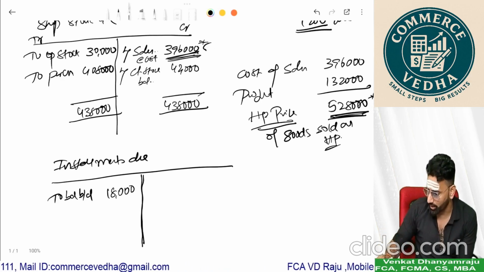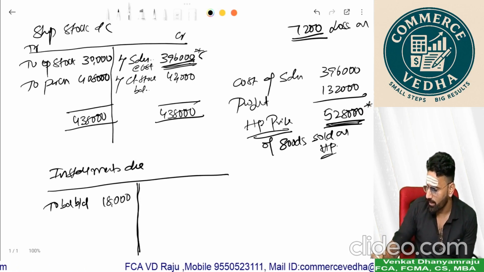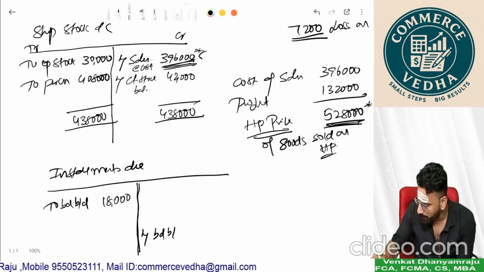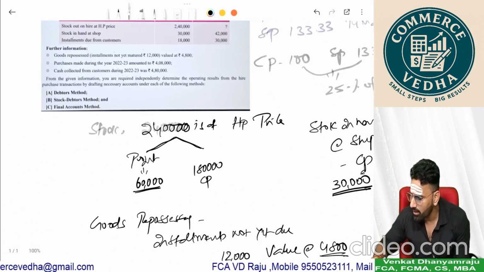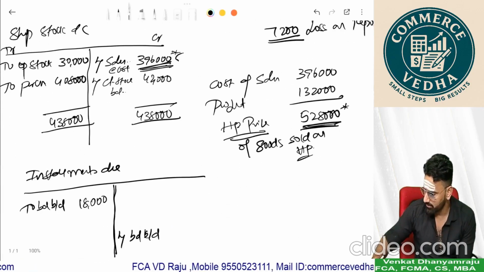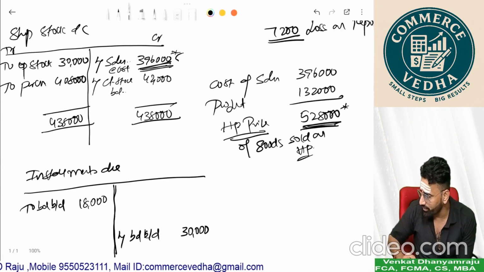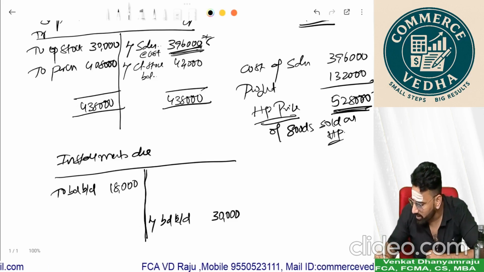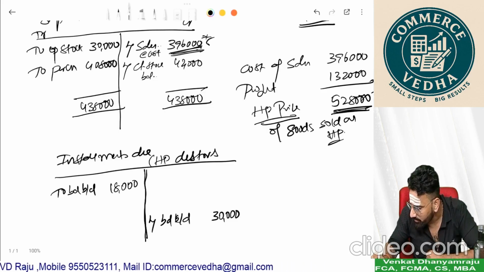So what we should do here, 18,000, and then there is something called closing balance carried down. Closing itself is how much? 30,000. Closing is 30. So installments due, nothing but your memorandum hire purchase debtors.